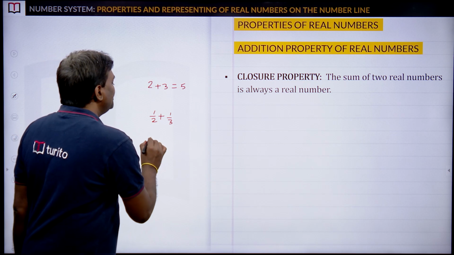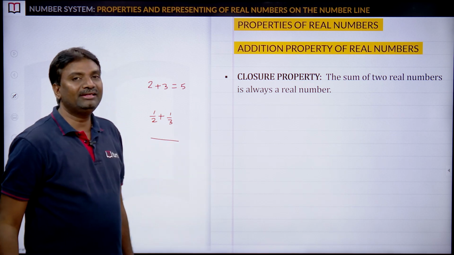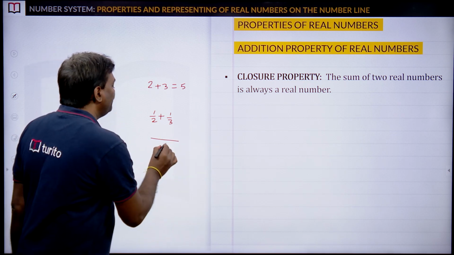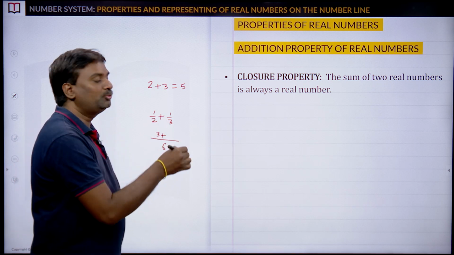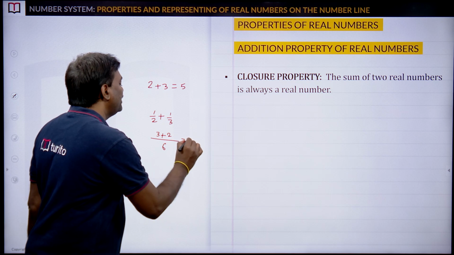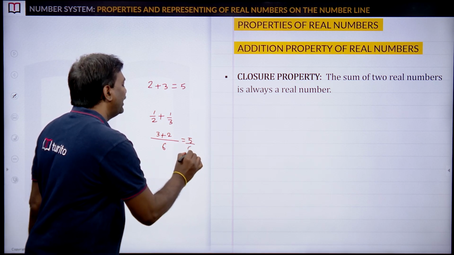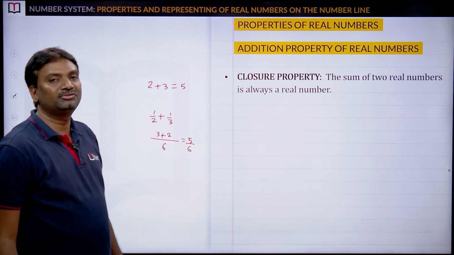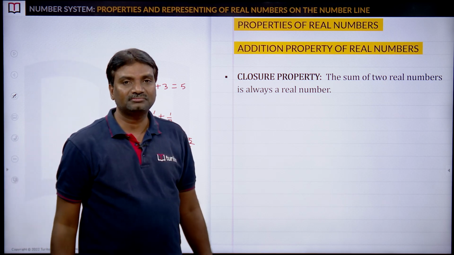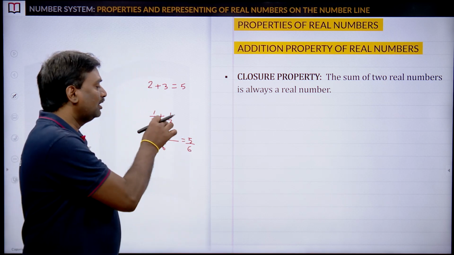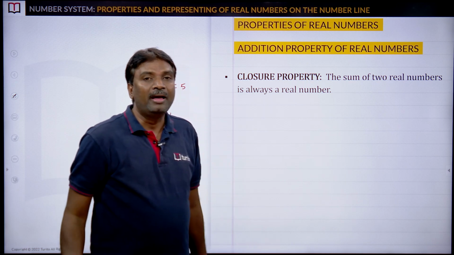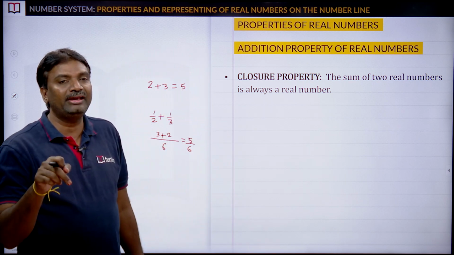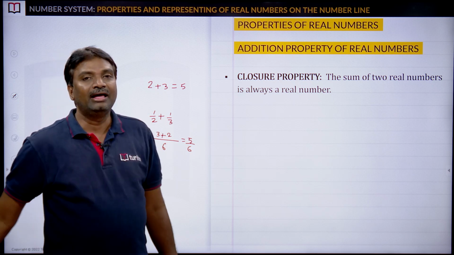Taking the LCM of 2 and 3, you will get 6. 2 3s are 6, 3 1s are 3, plus 3 2s are 6, 2 1s are 2. So, 3 plus 2 is 5 by 6. 5 by 6 is also a rational number because that is in the form of p by q. But we know every rational number is a real number.